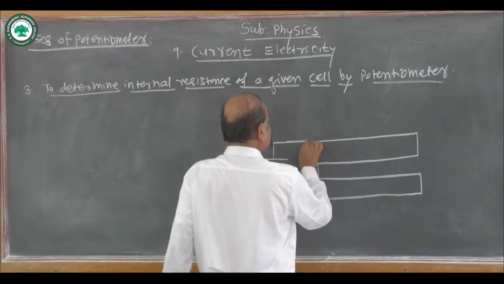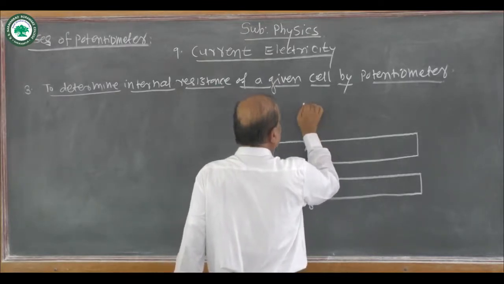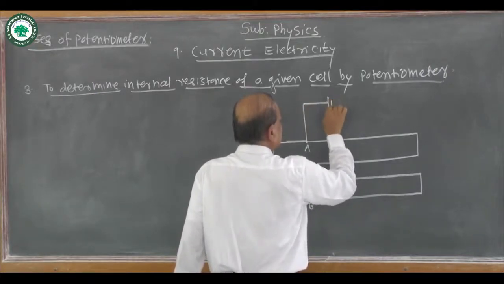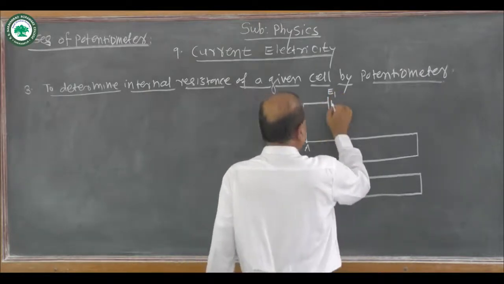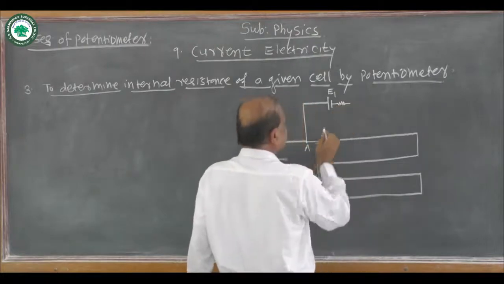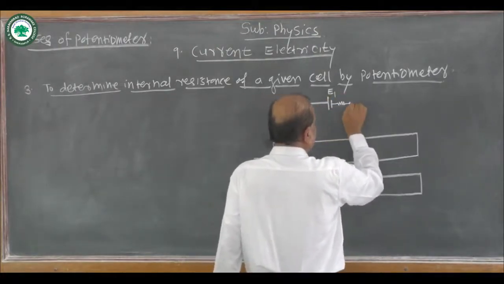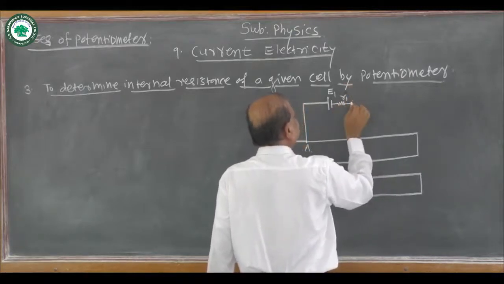Now draw this secondary circuit. This is a cell of EMF E1. There is some internal resistance for this cell E1, which is r1.